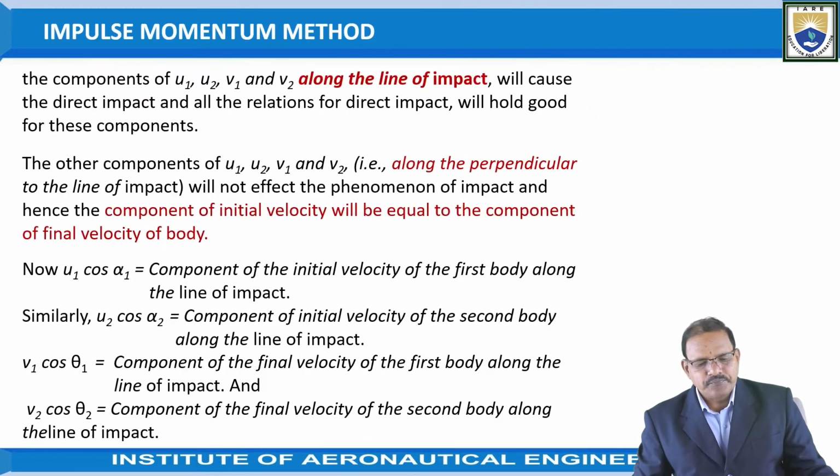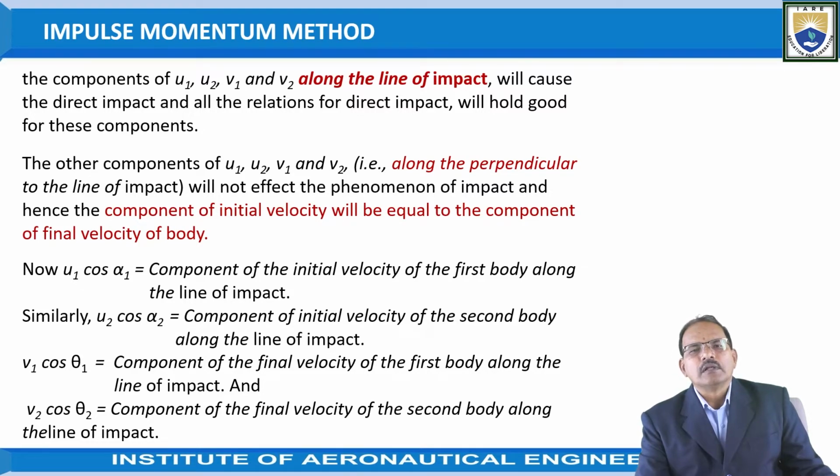That means the components of velocities u1, u2, v1 and v2 along the line of impact cause a direct impact, and all the relations for direct impact hold good for these components also. All the relations means, first, the law of conservation of momentum: the momentum possessed by the bodies in the direction of the line of impact before the collision should be equal to the momentum possessed by the bodies after the collision in the direction of the line of impact.